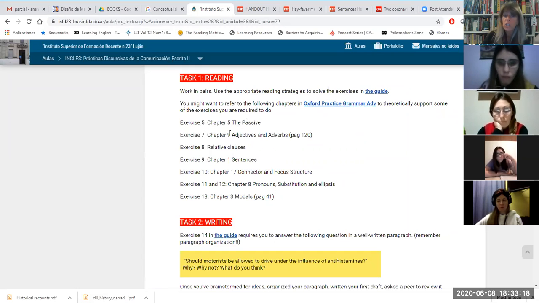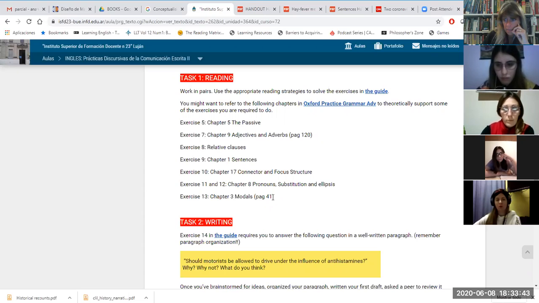Question 7 in chapter 9, especially page 120. Exercise 8, about relative clauses, right? Exercise 9, chapter 1, sentences. Exercise 10, chapter 17. Exercises 11 and 12, chapter 8, pronouns. Exercise 13, chapter 3, modals.